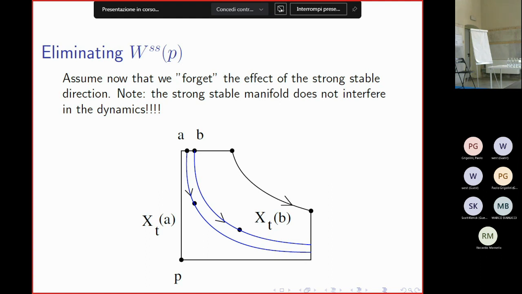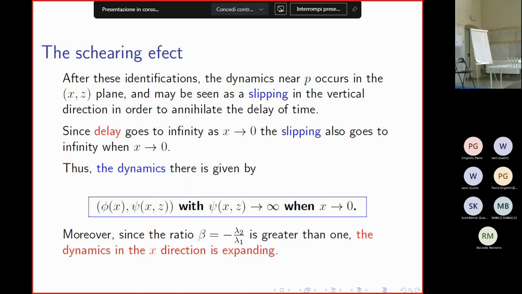So we started thinking. This is because of what we call the shearing effect, and after these identifications, in the sense that you cross this strong stable manifold, we were looking for some map that could model this behavior.